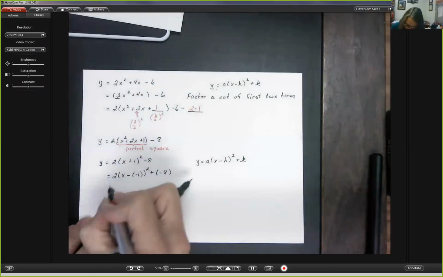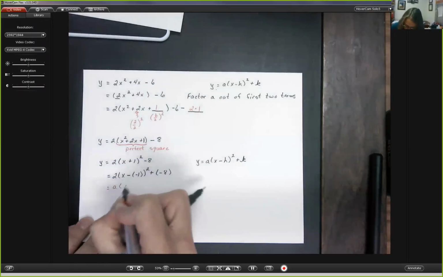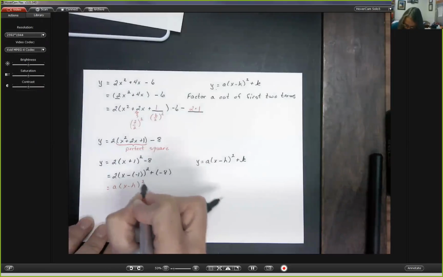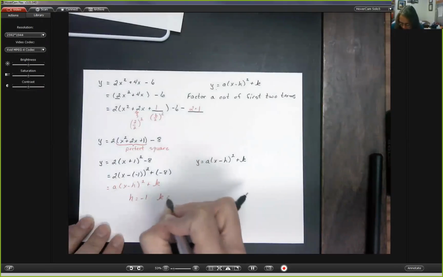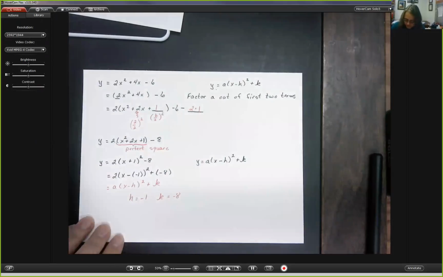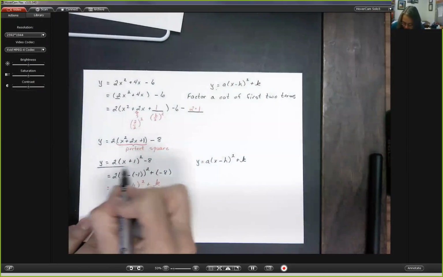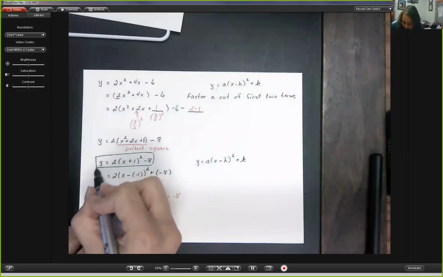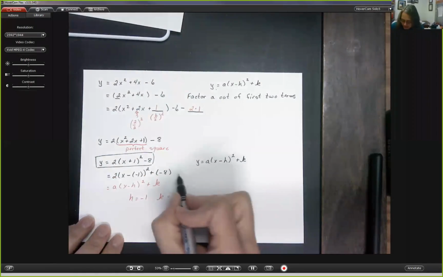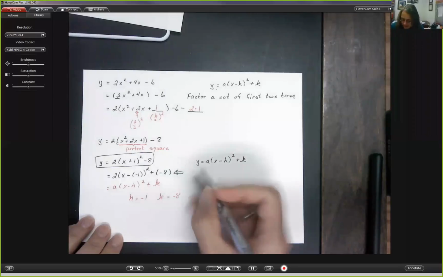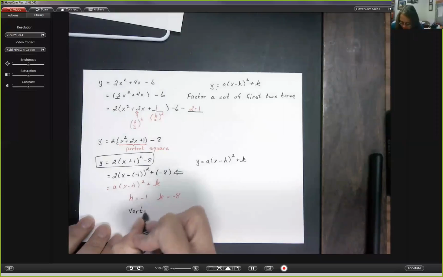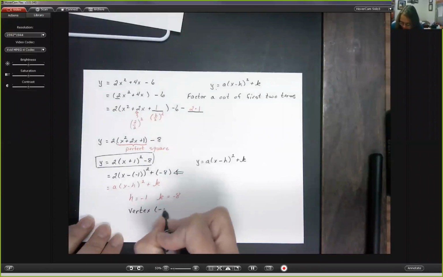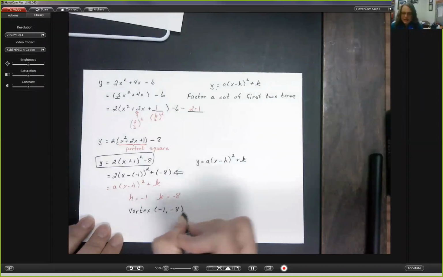Now, if I compare that to my standard form, I can see that h equals negative 1, k equals negative 8. This is the vertex form. In order to read it, it might be easier to write it this way. But either way, your vertex is at the point negative 1, negative 8.